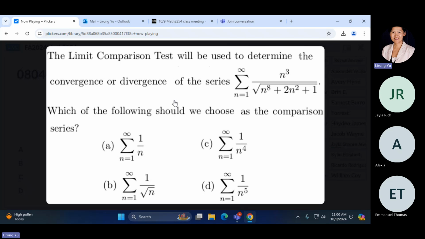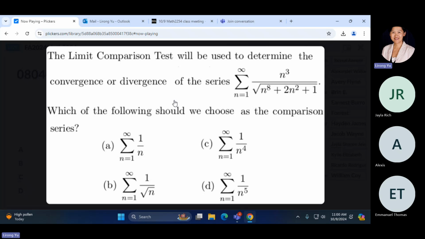As you look at the series and try to find something to compare it to, the question says use the limit comparison test. If you want to apply the limit comparison test, the limit is as n goes to infinity, so we want to compare this to something similar that is slightly easier to determine convergence for. We would choose the highest power.